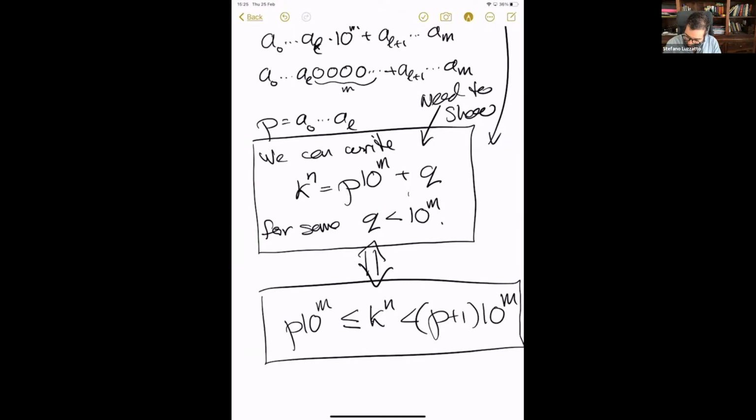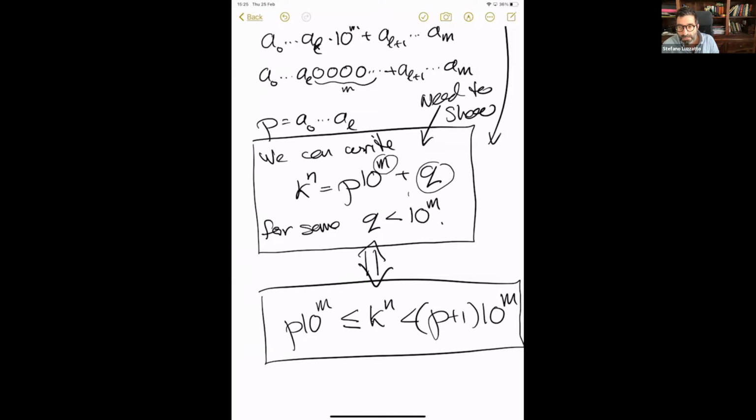So the exact value of Q is not important. What we are interested in is the value of P, because P is the number that we fixed, right? And all we're interested in is that we can write K to the N as P times 10 to the M for some M. We also don't care what M is, and we also don't care what Q is. As long as we can find M and Q, so we can write it like this, then we have solved that problem.